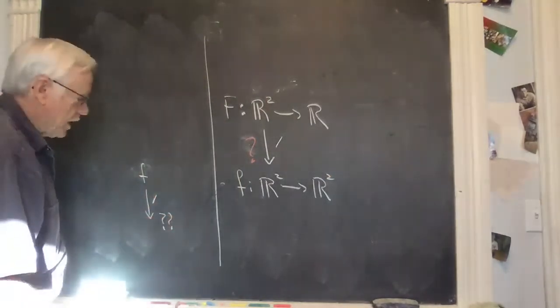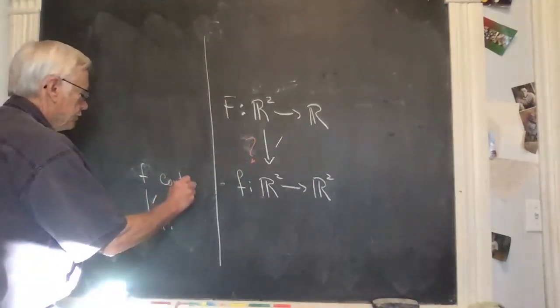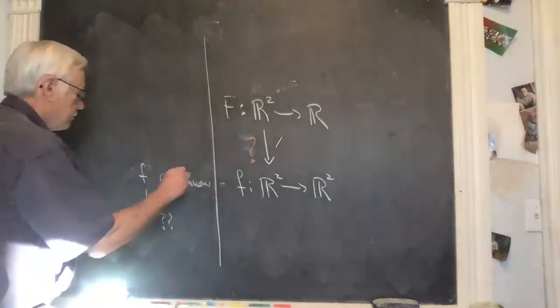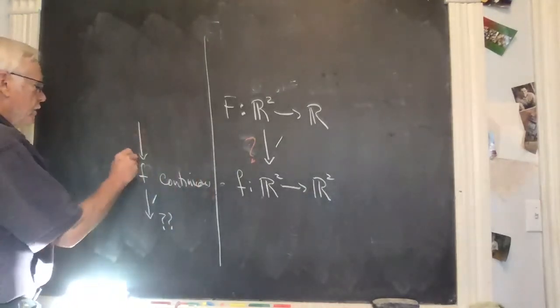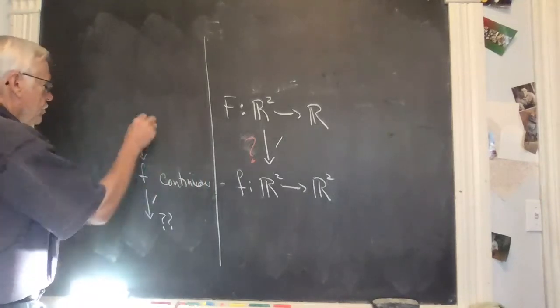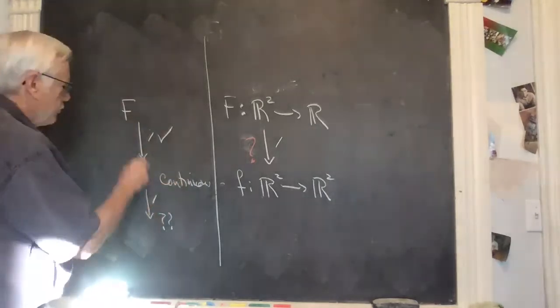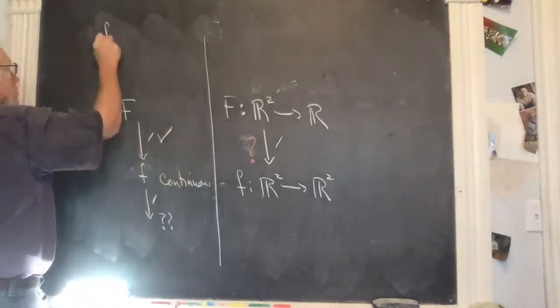Some functions you can't differentiate even at one point, even though this is continuous. But you can always integrate it. So this is going backwards up the line. You can always do this. This always checks out. If you begin with a continuous function, you can always back it up.